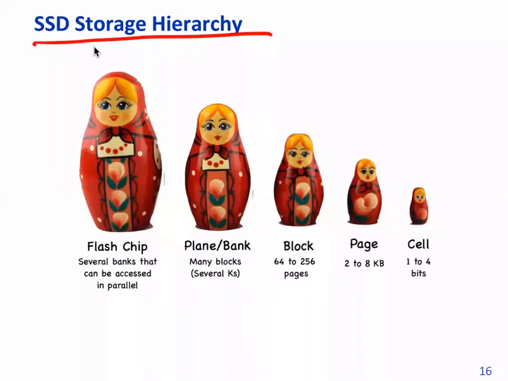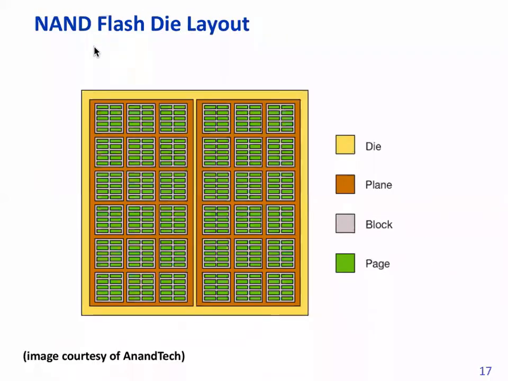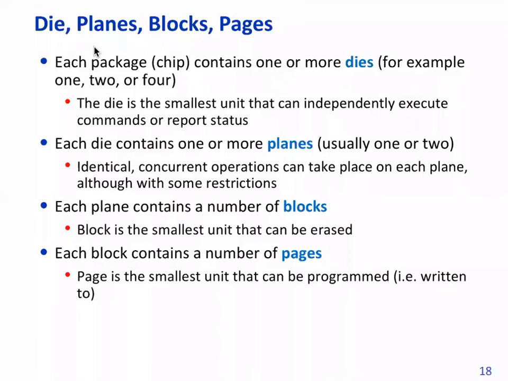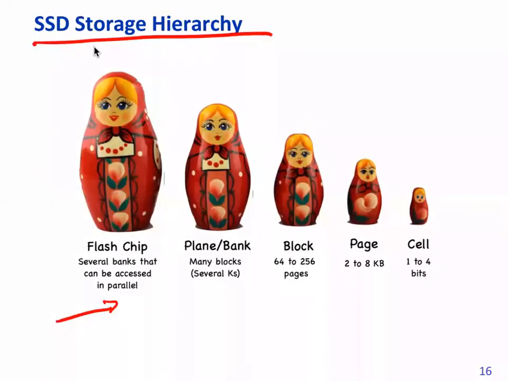Of course, we have flash. First on top is a chip, or we can also call it, there's one more word for that, I think it's called, just a minute, package. Instead of flash chip, we can also say package.